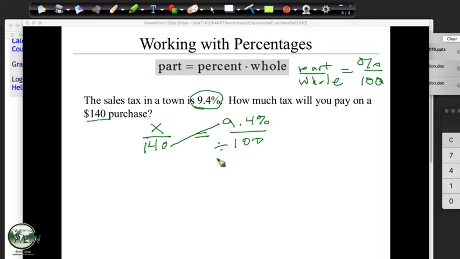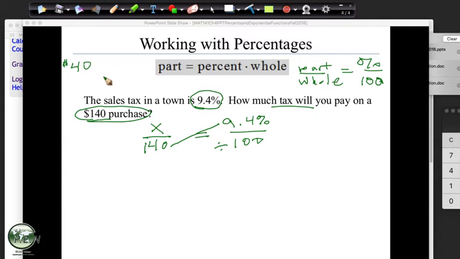Why is 140 on the bottom? Okay, because the question is how much tax will you pay on a $140 purchase. So the purchase is the whole value. It's the thing that we're buying. When you buy a shirt, let's say it was $40, the tax is going to be based on that whole part.